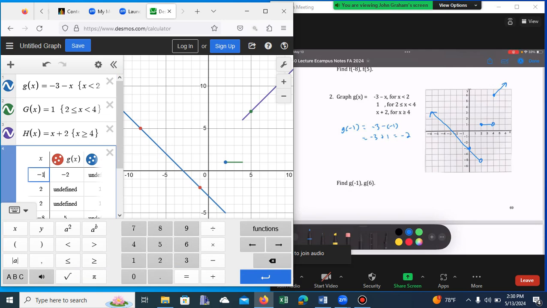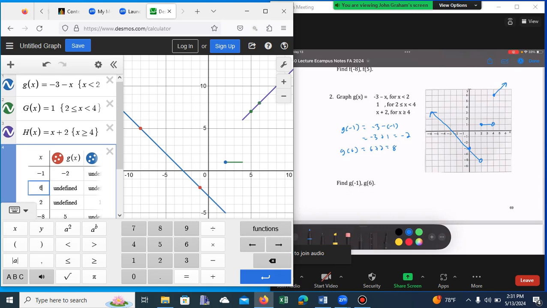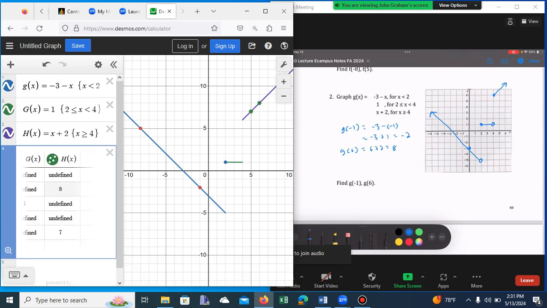And then g of 6, we do the third one. 6 plus 2 gives you 8. And you get 8, the third one. Piecewise functions are just separate graphs, almost like separate functions put together as one whole function.